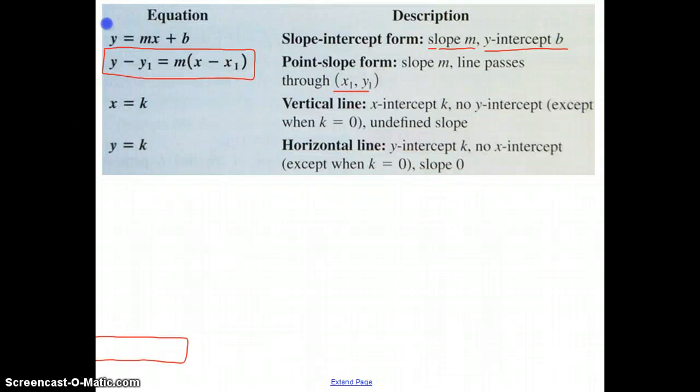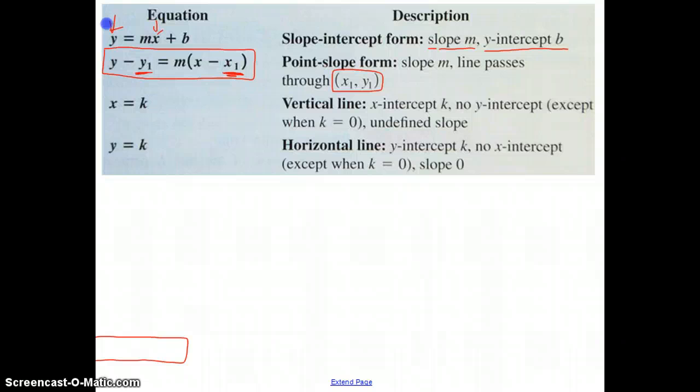That point that you know is this (x1, y1), and so you'd plug them in here and here. The other y and x are just the y and x that you see in the equation, and they just stay in the equation. So you're plugging in a slope and you're plugging in the x and y coordinates of the one point that you know the line goes through.